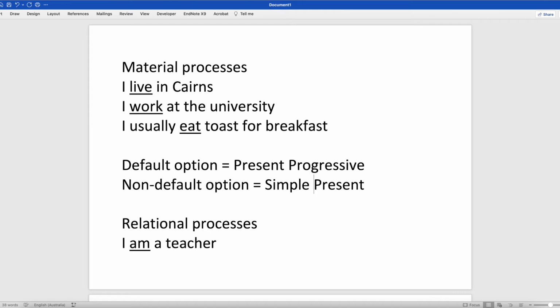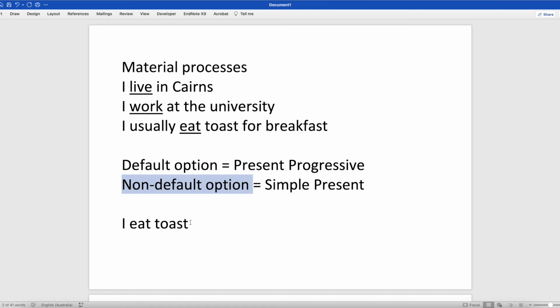Now, what does that mean? It means if we choose the non-default option, such as I eat toast, then there is a special reason why I didn't go with the default. There's a special meaning or significance for choosing this one.